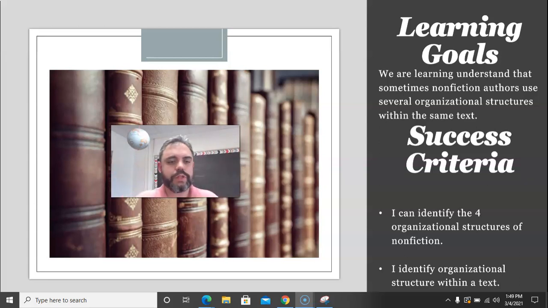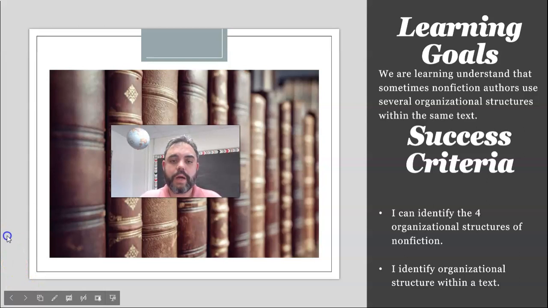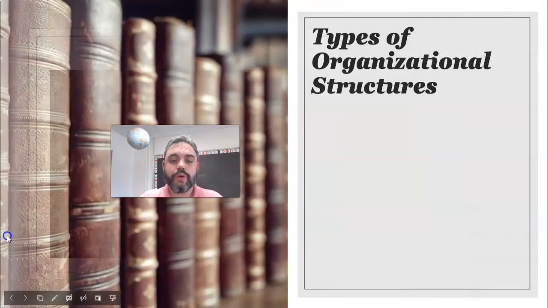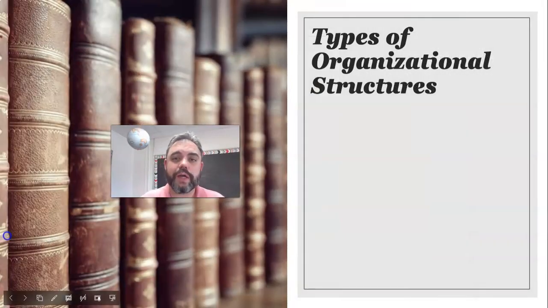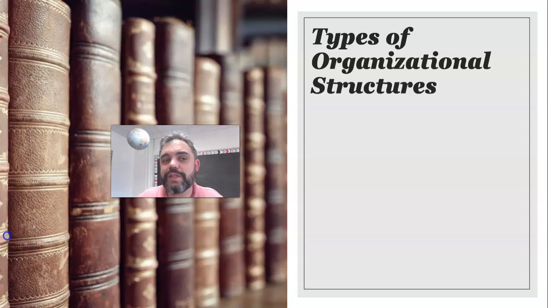Let's take a look at those different types of organizational structures. Remember, all last week, before we paused and took our practice test, we were talking all about the different ways in which authors organize their nonfiction text, because we know nonfiction text isn't always about telling a story.